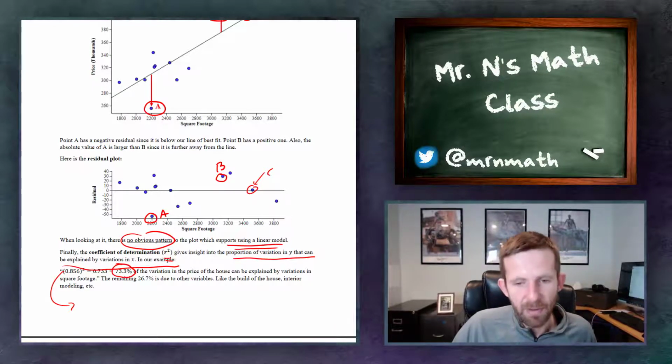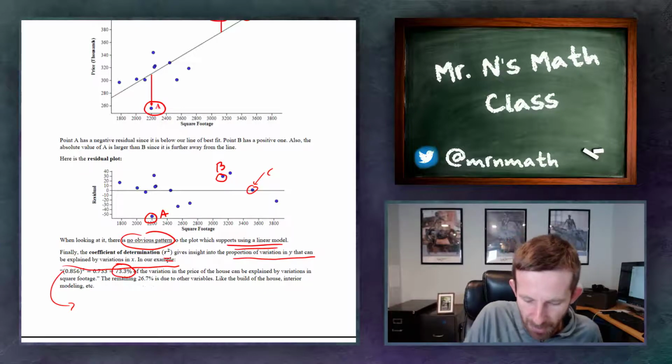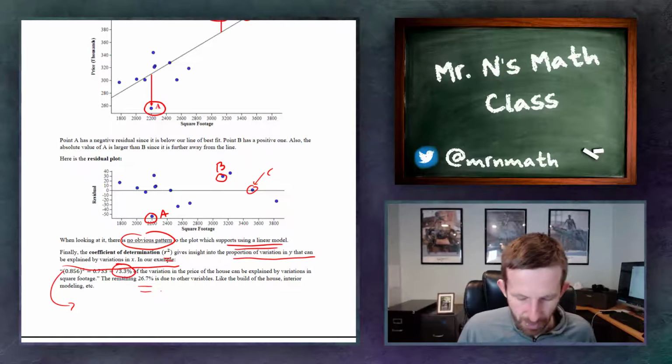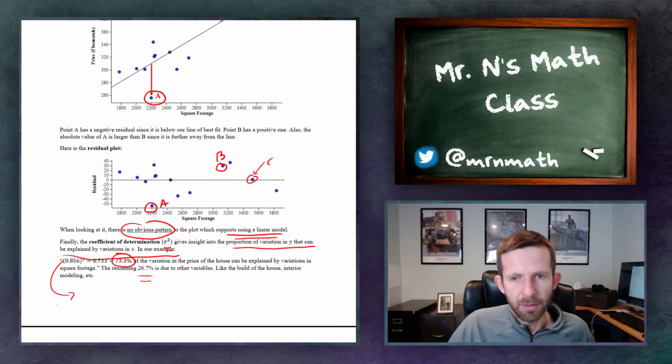So I would say 73.3% of the variation in the price of a house can be explained by variation in square footage. And the remaining 26.7% is due to some other variables, like the build of the house, interior remodeling, how nice the bathrooms are, if there's a jacuzzi, etc. So that's some general insight into working with two variable data.